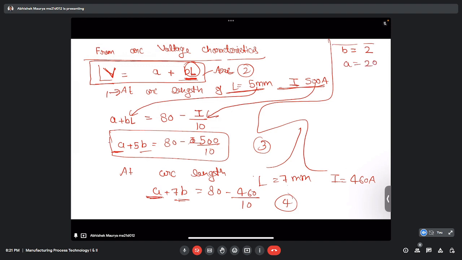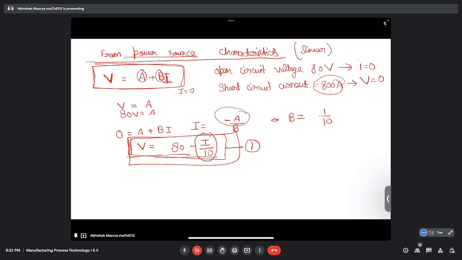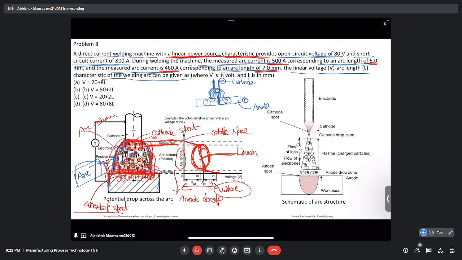So now we have found the values of A and B. We will substitute these values here, and we will get the relationship between voltage and arc length. So V is equal to 20 plus 2L. So the correct answer for this problem is C.